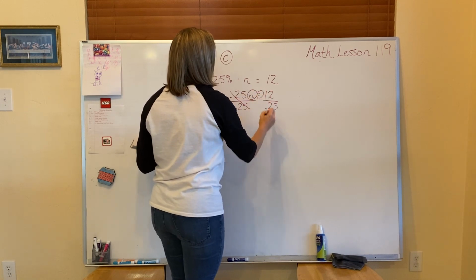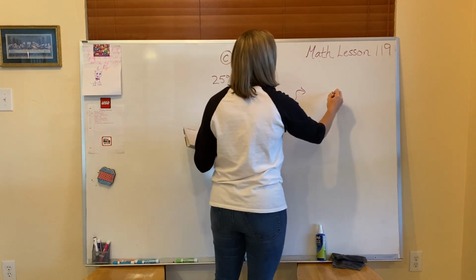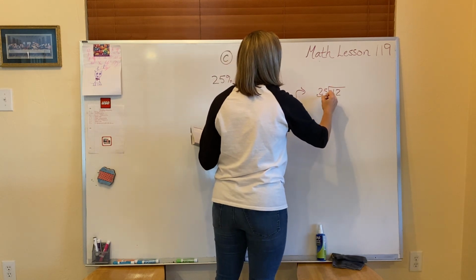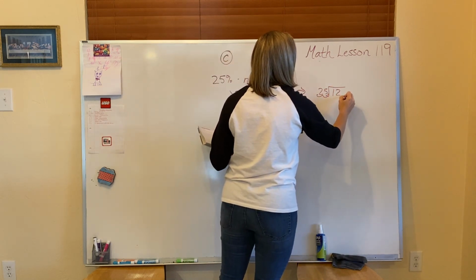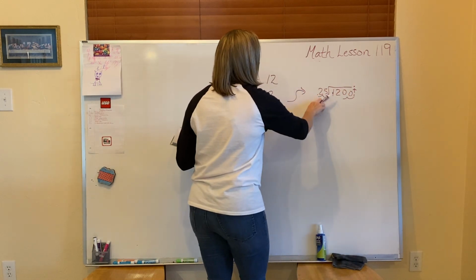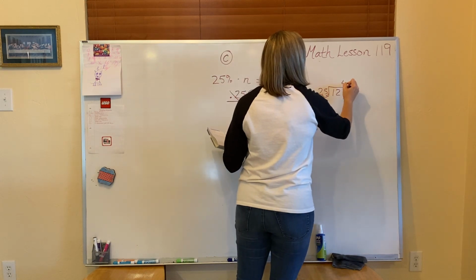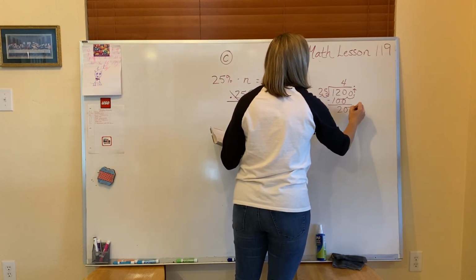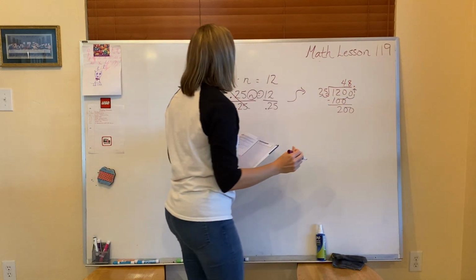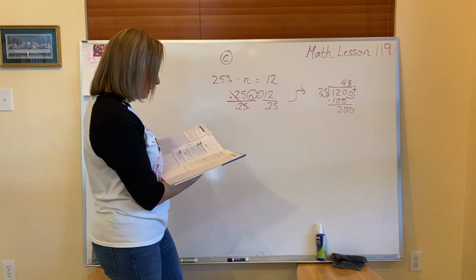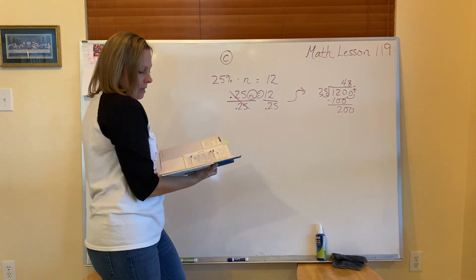N is equal to 12 divided by 0.25. Move over 2 decimal places. 2 decimal places. Up. Our answer is 48. Let me check. Yes, our answer is 48. 25% of 48 is 12.